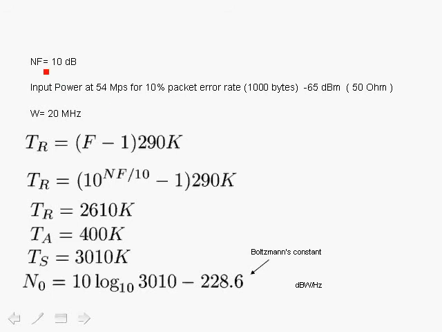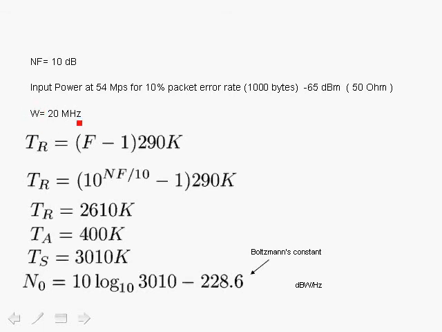So if we use a noise figure of 10 dB, and we know that the input power at 54 megabits per second at a 10% packet error rate with 1,000 bytes per packet is minus 65 dBm into 50 ohms, what we're interested in is finding the signal-to-noise ratio at the input to the analog-to-digital converter.